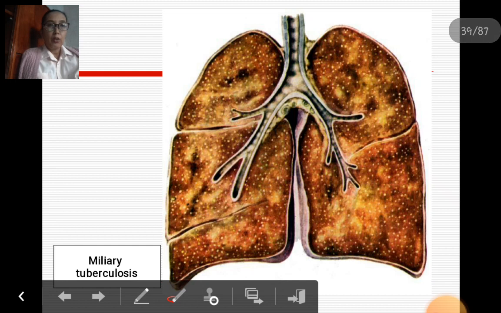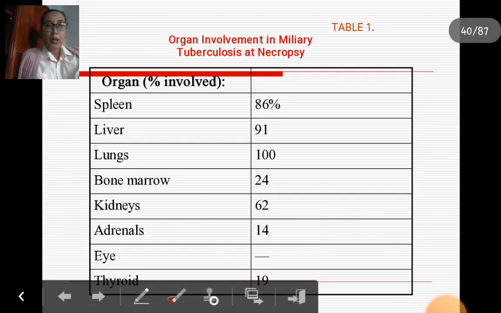In this slide you can see miliary tuberculosis. Here you can see organ involvement in miliary tuberculosis: most often lungs in 100%, spleen in 86%, and liver in 91%.